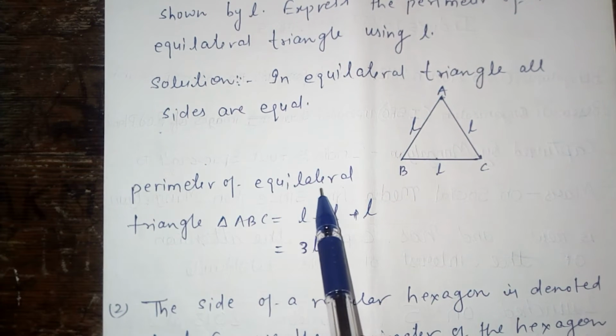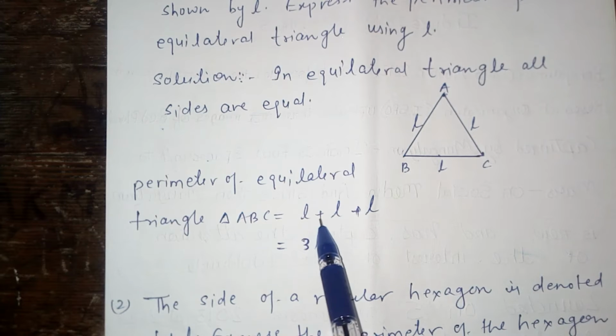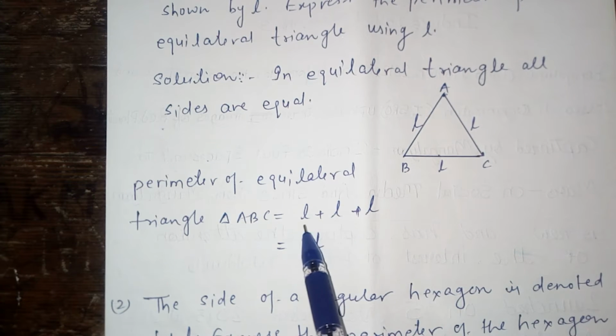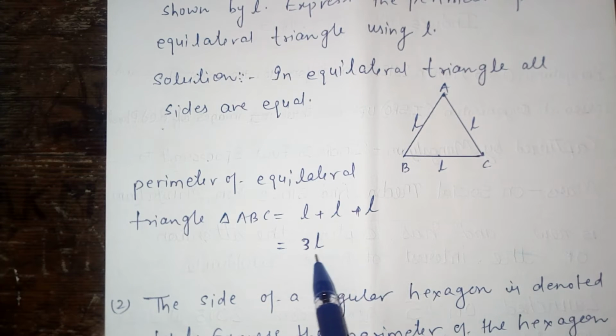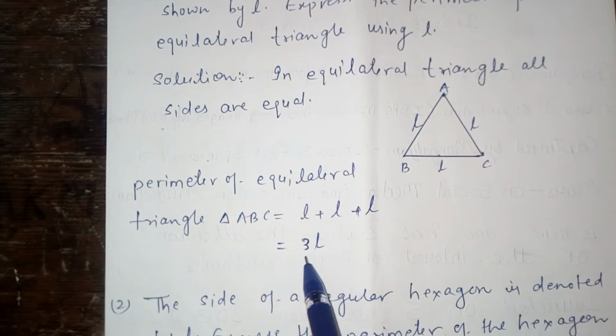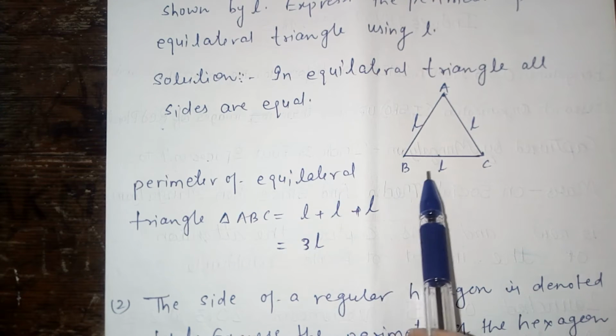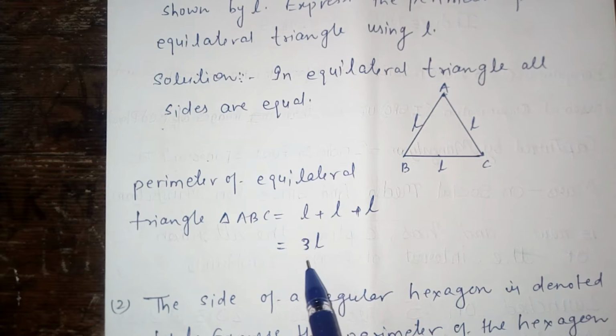So the perimeter of triangle ABC is equal to L plus L plus L. There are three L's, so the addition gives 3L. The meaning is, the perimeter of equilateral triangle ABC is 3L.